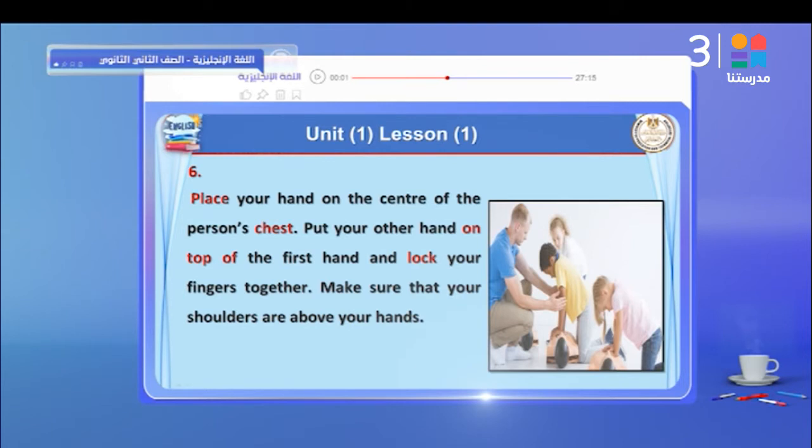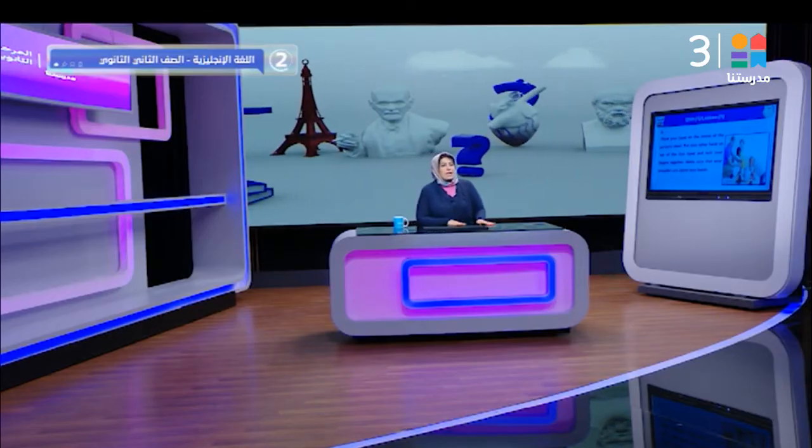Why did I highlight the word place here? We usually or commonly use the word place as a noun. مكان، بنقول مكان. لكن today in this poster we're gonna know or learn that the word place can be used as a verb. نقدر ان احنا نستخدم كلمة place كفعل. معقولة؟ Yes, what's the problem?